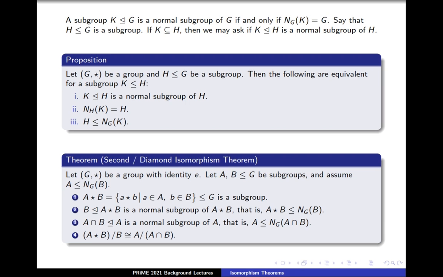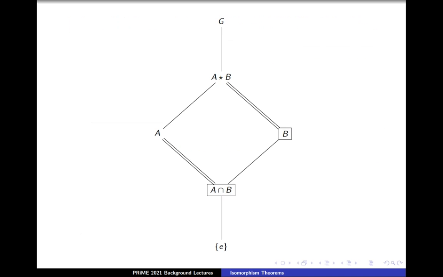So let's look at a picture, a diagram, considering these two quotients. So here's our group G, and it has the identity subgroup, and it has these subgroups A and B, A star B, and A intersect B. So we're going to look at the two different quotients.